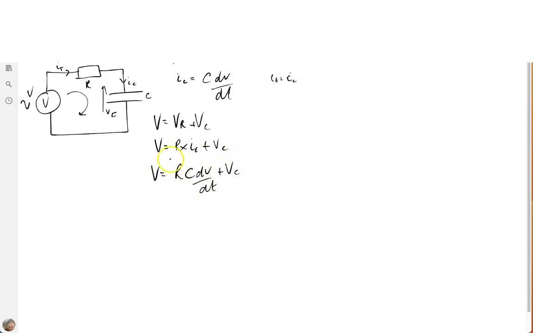Everything at the moment we're considering in the time domain, so V is with respect to time.